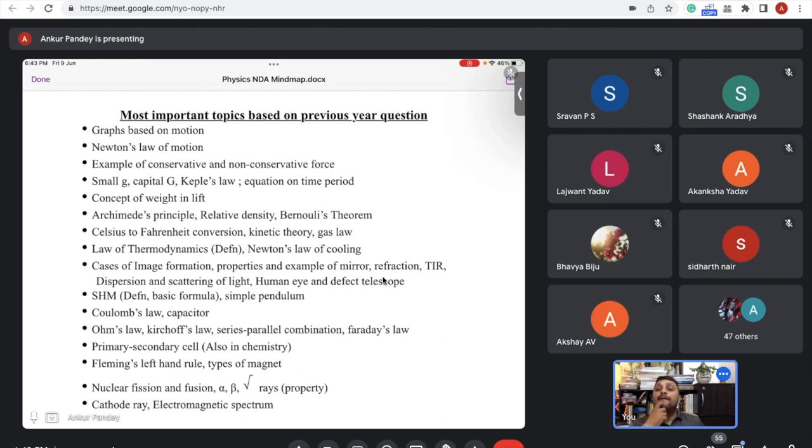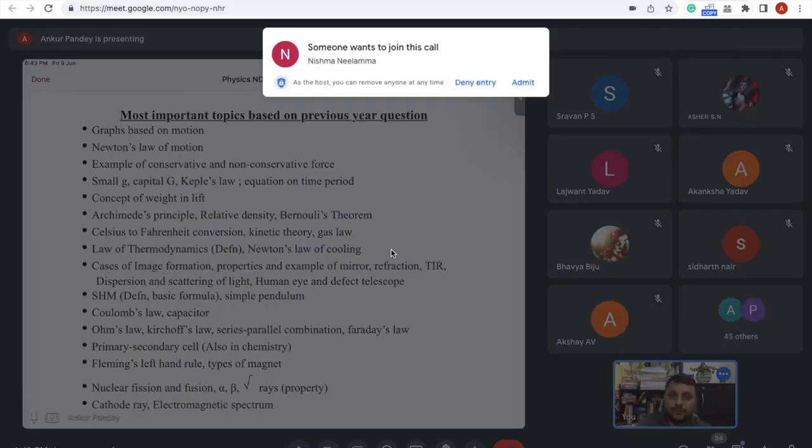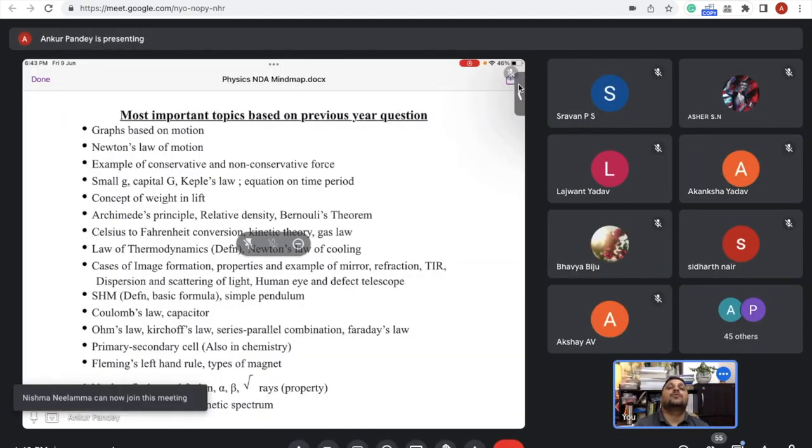Repeat what? The question to Akansha. Akansha, the question to you is: what is Faraday's law of electromagnetic induction?